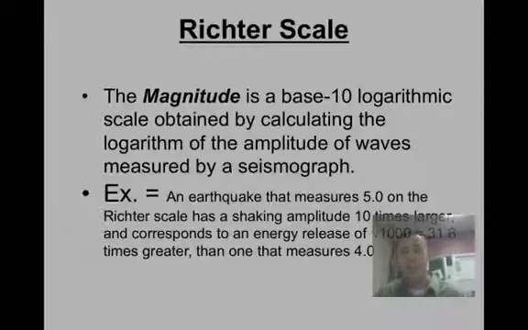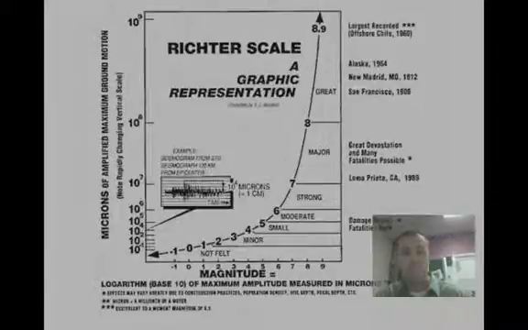That's that base 10 logarithmic scale we're talking about. But as you go from 4 to 5, it's actually a release of about 31.6 times more energy. Okay, so the 4 to the 5 is a 10 times larger shaking amplitude, but actually a release of 32 times more energy. Pretty incredible.